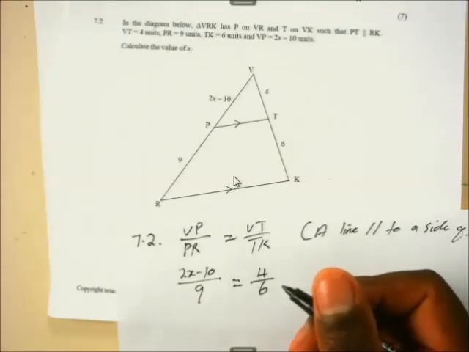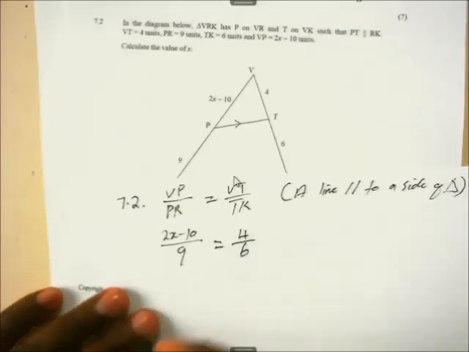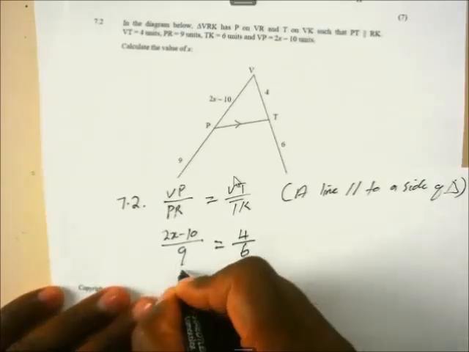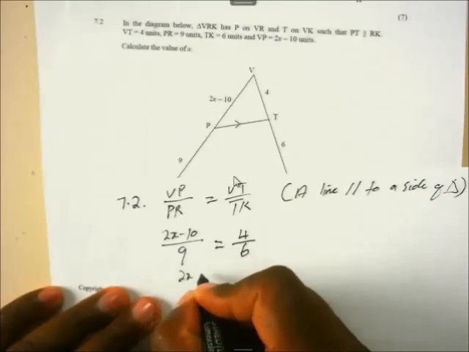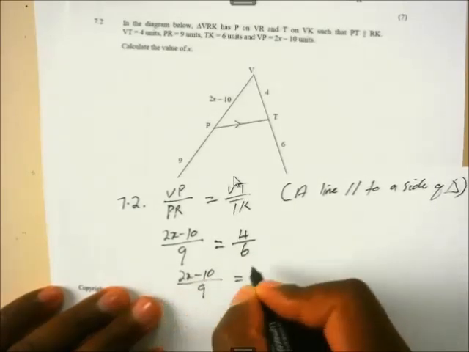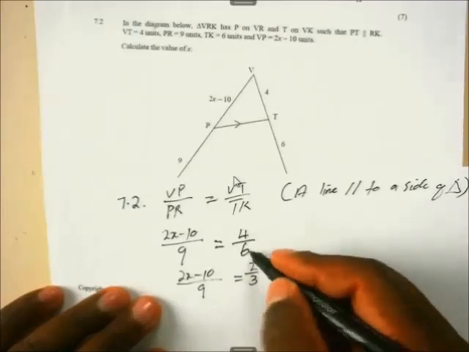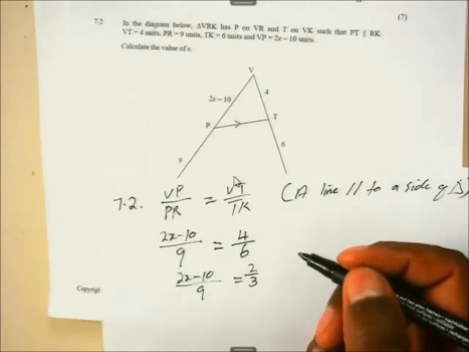Let's cross multiply. Or we can simplify 4 divided by 6 here, and we've got 2x minus 10 all over 9 equals 2 over 3, because 2 is a common factor. Even here in 6, 2 goes 3 times.